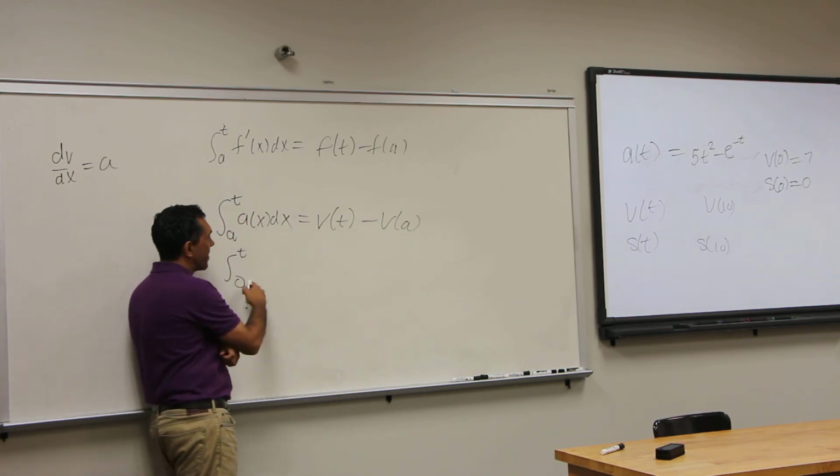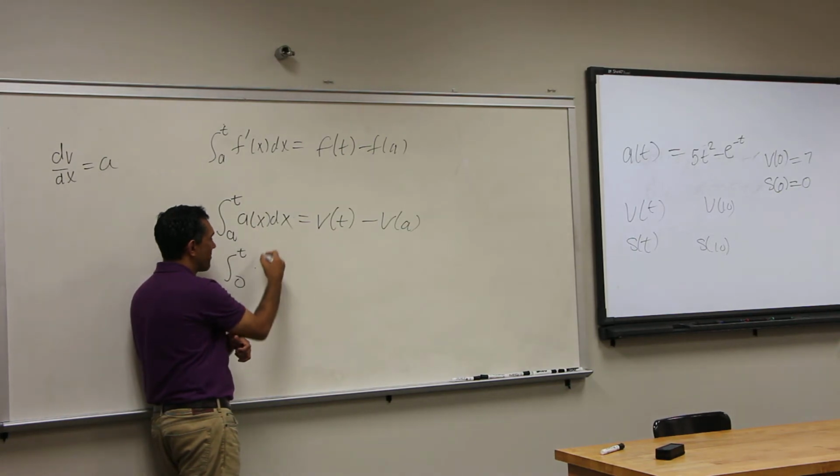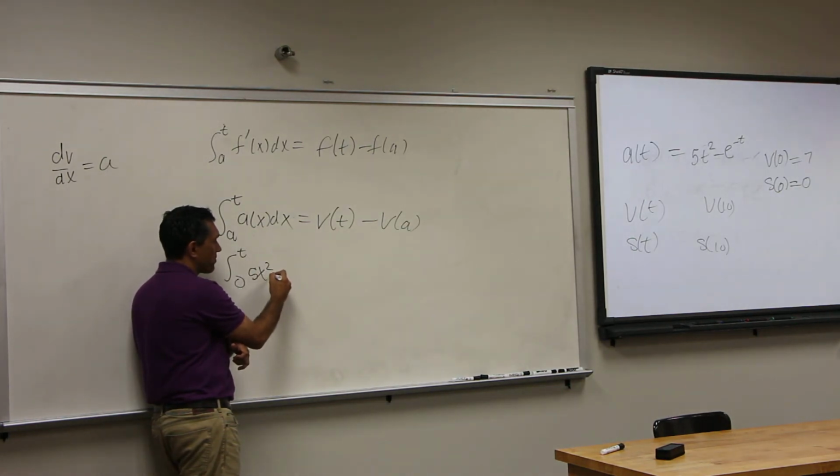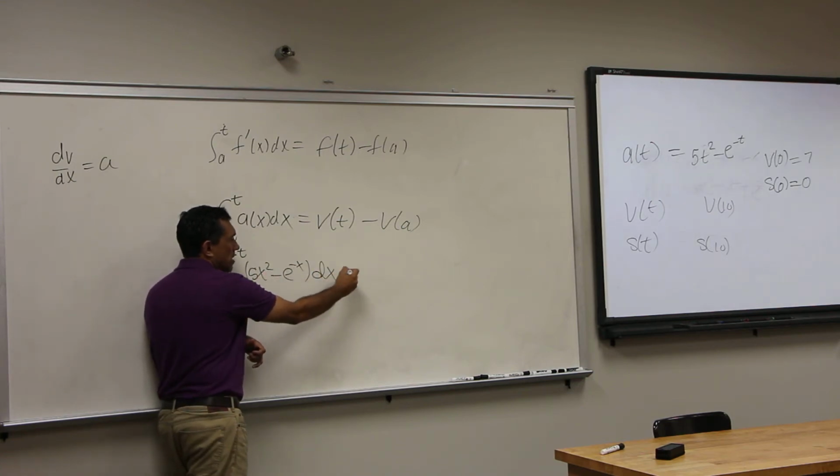5x squared minus e to the negative x, is equal to what?